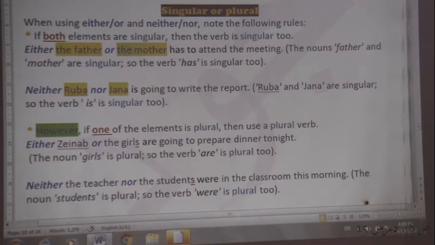If it is singular, use a singular verb. If it is plural, use a plural verb. Pay attention, it's very important. Don't think about the first part of either or neither. Only think about the second part after or, nor.